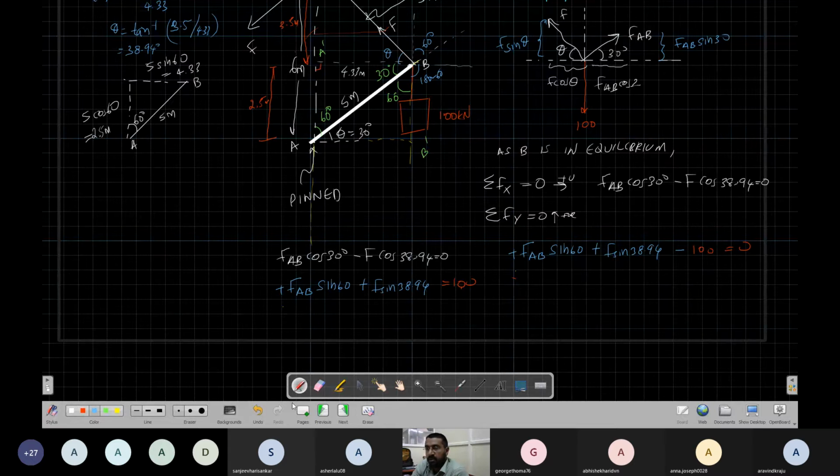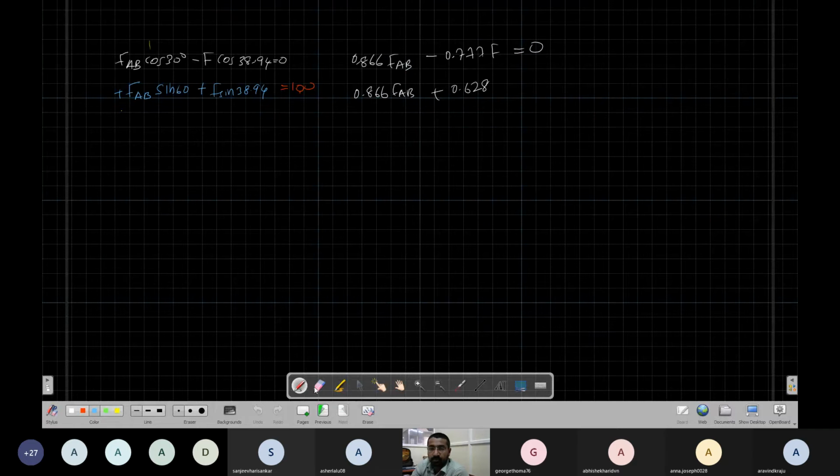So F_AB sin 60, that is 0.866 F_AB, plus 0.628 F equal to 100.